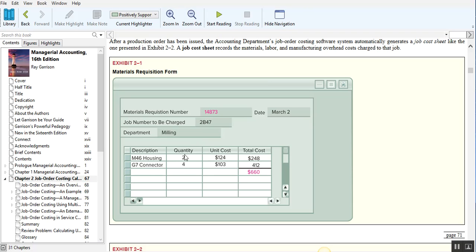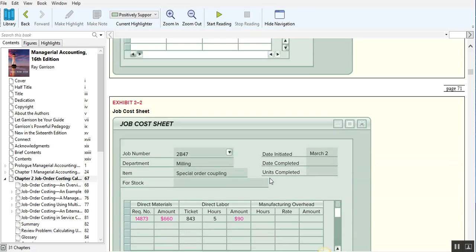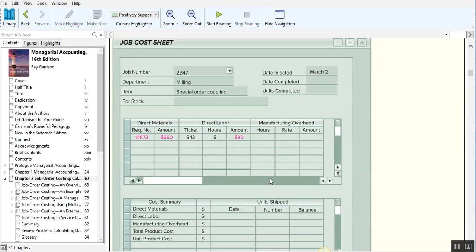They're looking at what are we going to use to make a unit? Well, we're going to use 2 of these housings and 4 of these connectors. Total cost is $660. But what you're really going to track things on, if you're in the manufacturing plant, you may not have the cost, but you're going to have the direct materials that you're using.